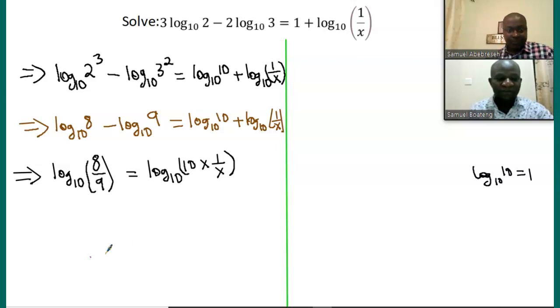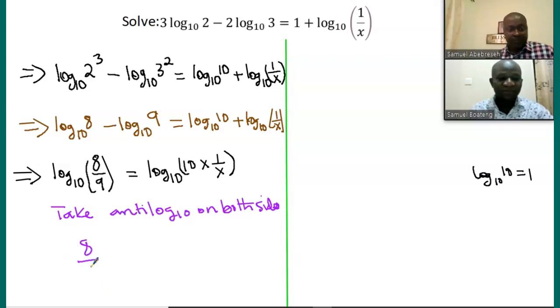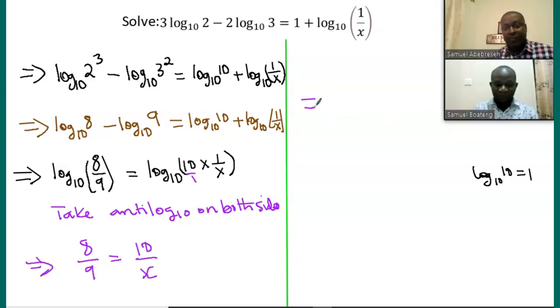So we can take anti-log and then get rid of log to the base 10. Taking anti-log on both sides to the base 10, we have 8 on 9 equal to 10 over x. This is a simple linear equation that we can easily solve. You cross multiply.